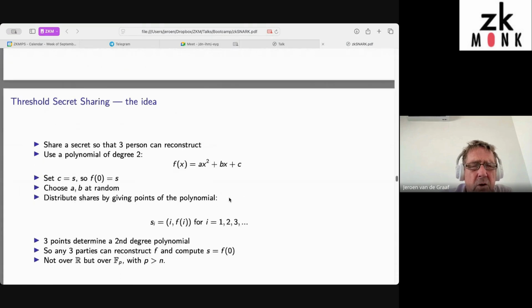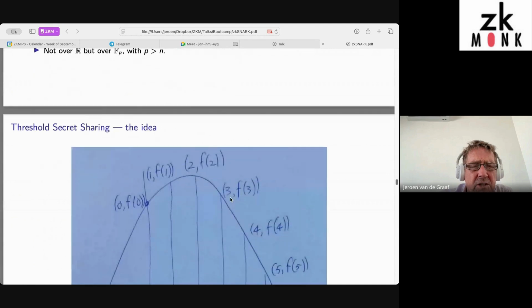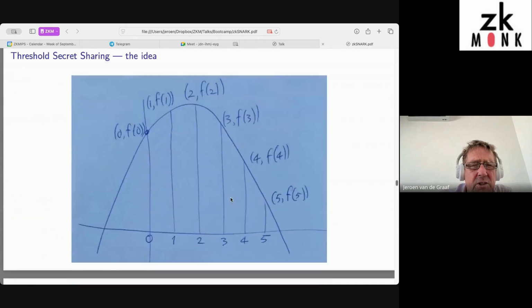Let me go on to this slide right away. Here you see a very sketchy draft of a polynomial of degree 2. It's supposed to be of degree 2. And this here is the secret.